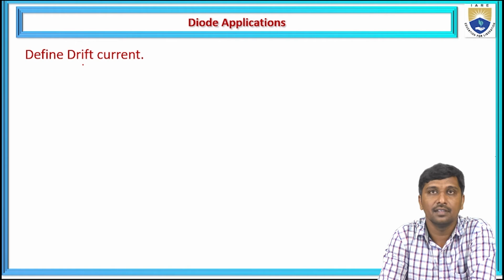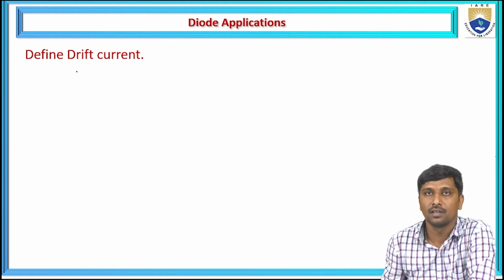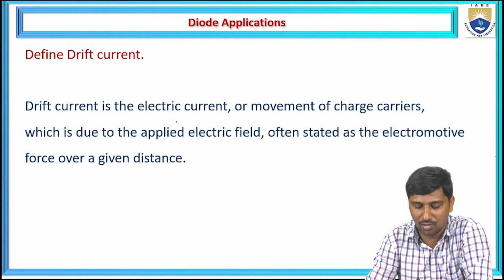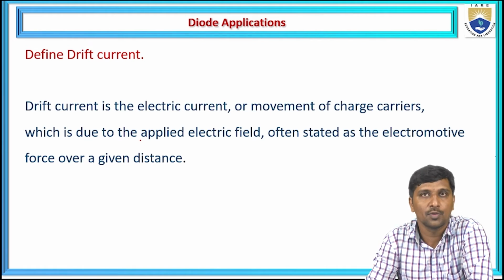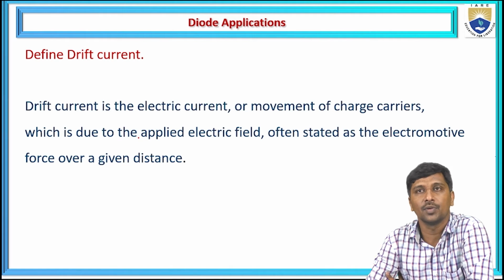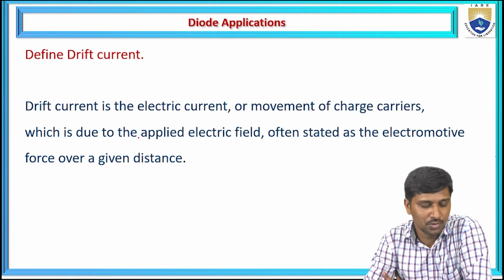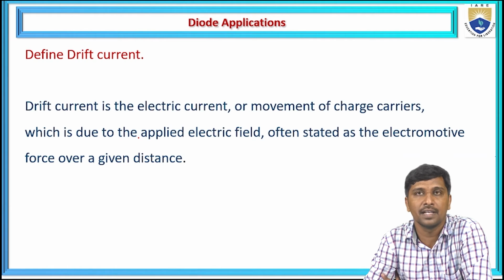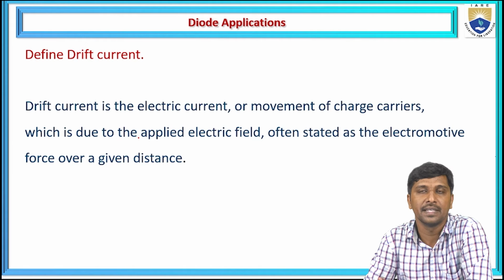Now define drift current. The drift current is also called electric current, or the movement of the charge carriers. In a diode we have two types of currents, drift current and diffusion current. The drift current is observed when a force is applied across the PN junction.